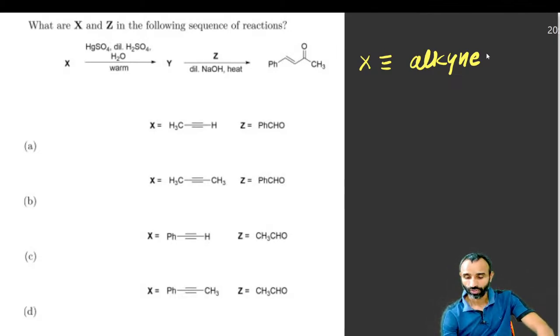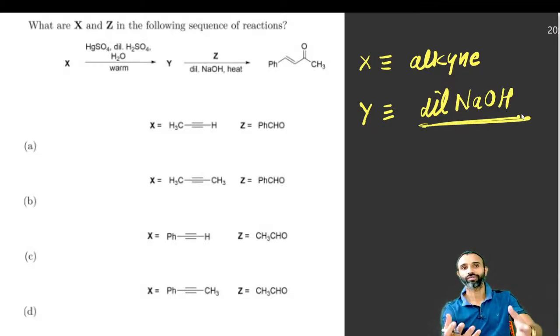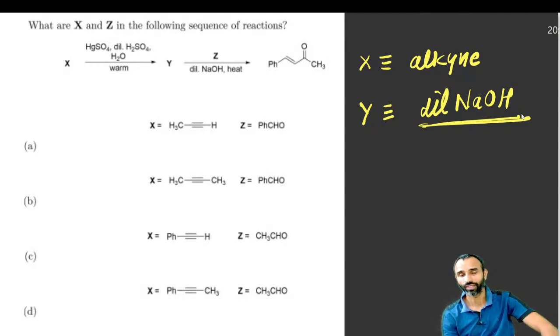Now when Y is formed, it reacts with some Z in the presence of dilute NaOH. Whenever we have dilute NaOH, in most cases the indication is that there is a keto group in the compound.